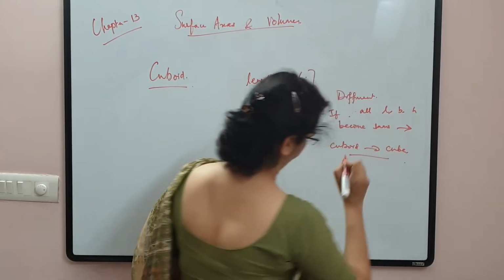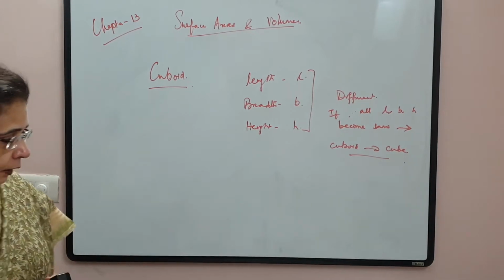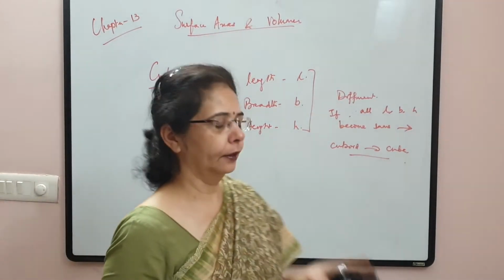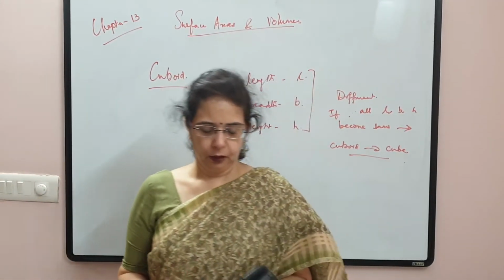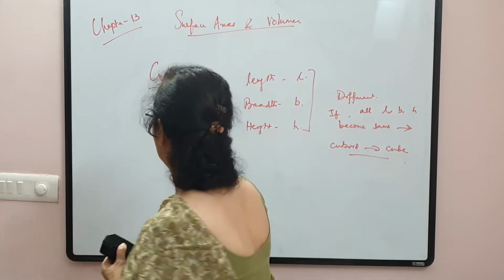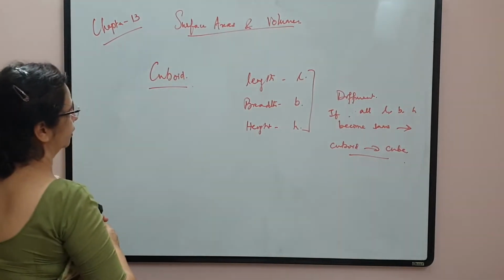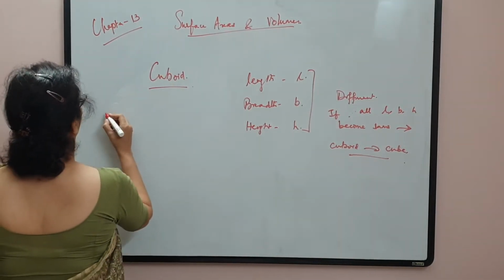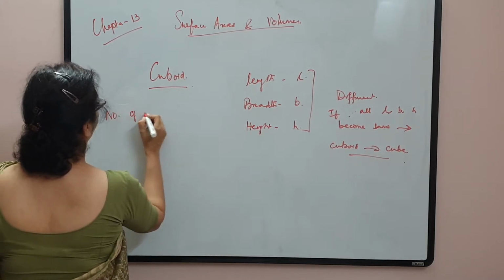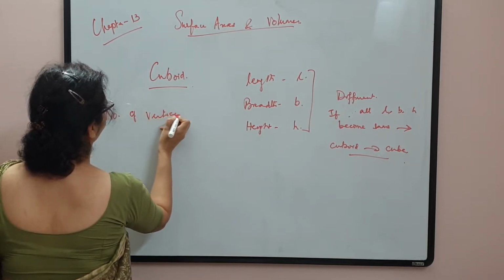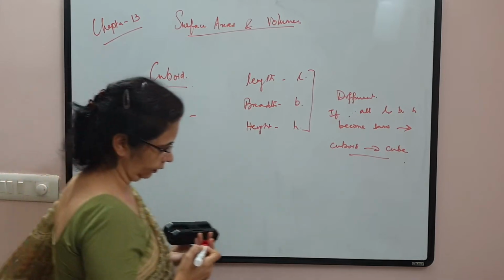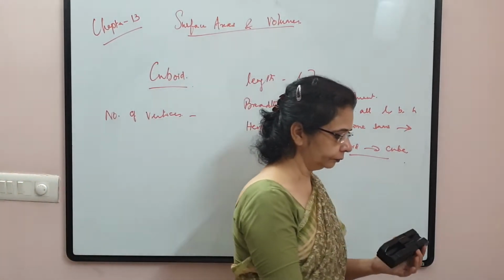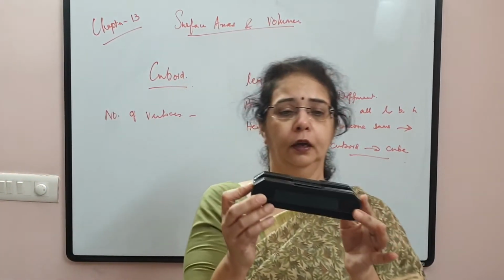Okay. Now children, taking this duster in my hand, I shall tell you how many vertices this cuboid has. Number of vertices. See children, this is your cuboid.